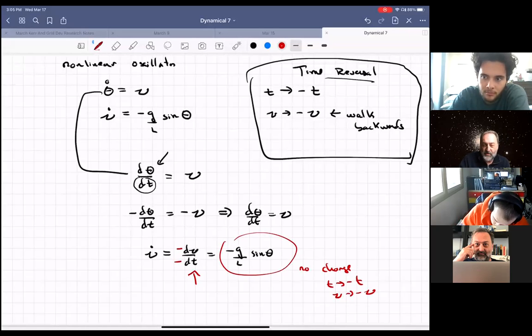On the right side, there's no change. So I have the same equation again. So the nonlinear oscillator exhibits time reversal symmetry. Okay, that sort of makes sense.